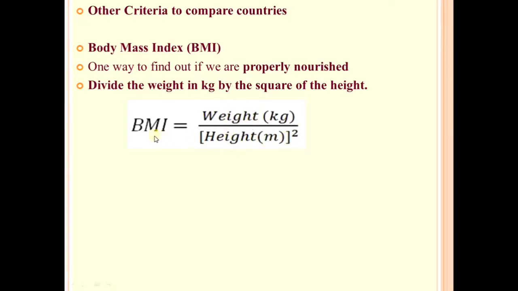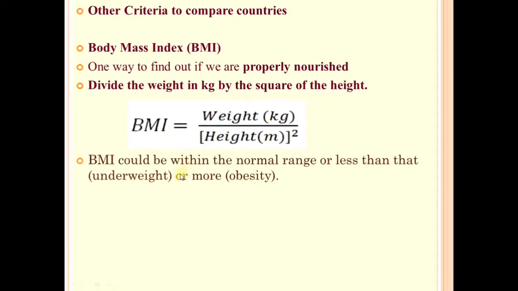This number is BMI, or body mass index. If your body mass index is higher or lower than a specific range, then you are either undernourished or overnourished. In both cases, it is not a healthy sign.